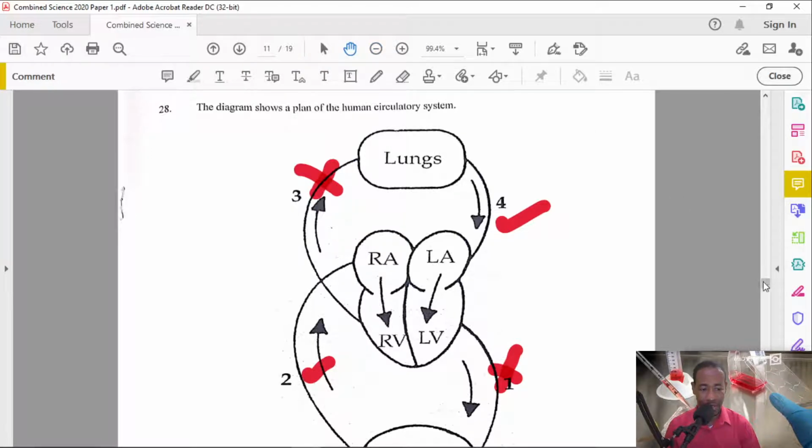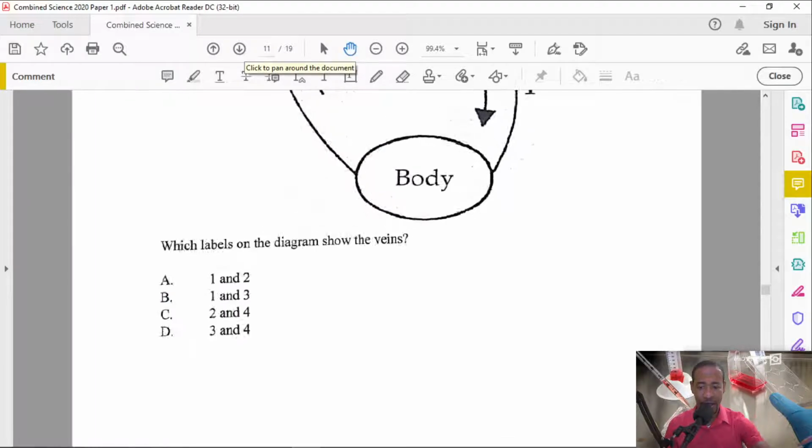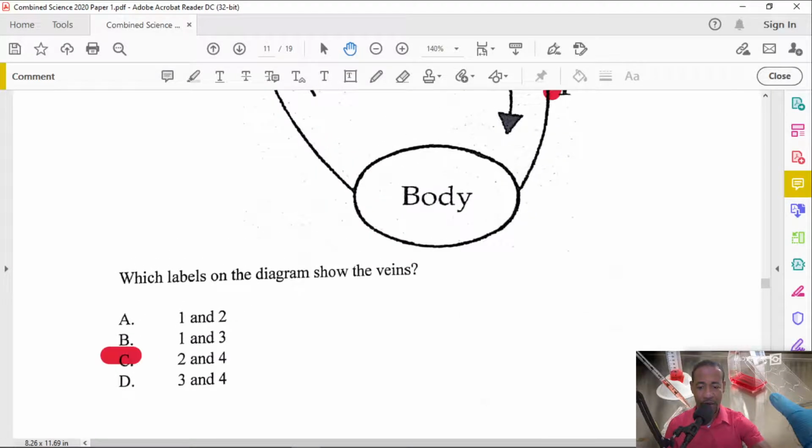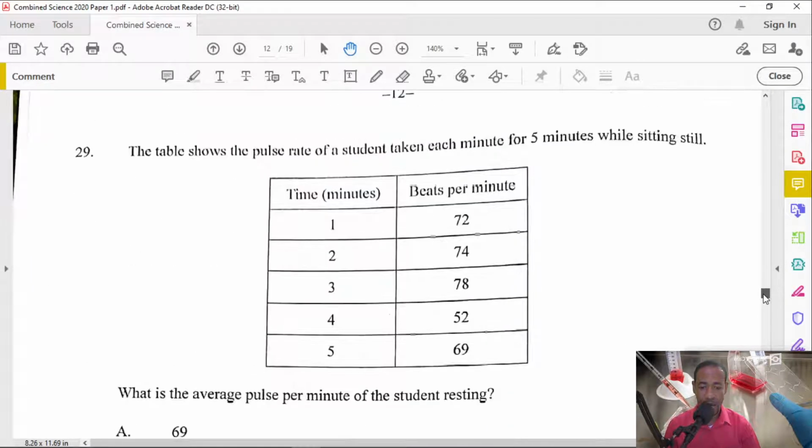So looking for 2 and 4. So the option with 2 and 4 will be correct. And so 2 and 4 is option C. So option C will be our correct answer for this one. Veins, 2 and 4. All right, so let's go to our next question. And so our next question is question number 29.